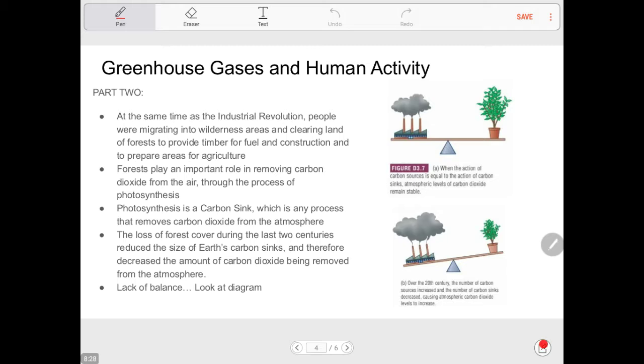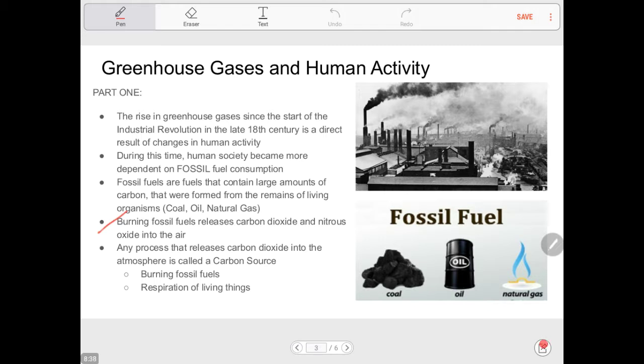We know, let's focus on carbon dioxide. Carbon dioxide is a greenhouse gas. We know from one slide ago that during the Industrial Revolution, we started burning fossil fuels. So we're putting way more CO2 into the air. Okay, so that's one way that we are increasing our greenhouse gases.